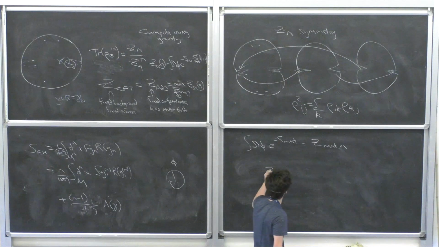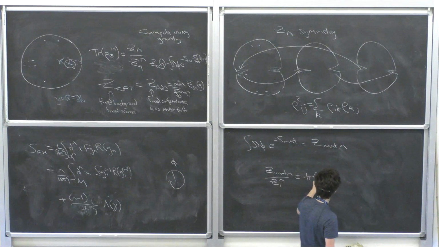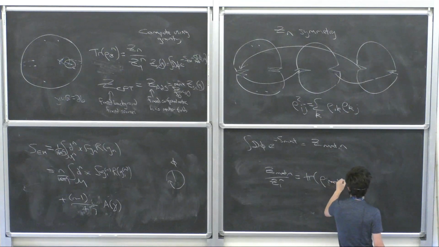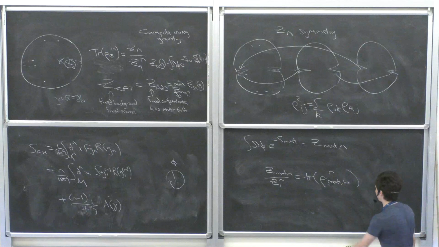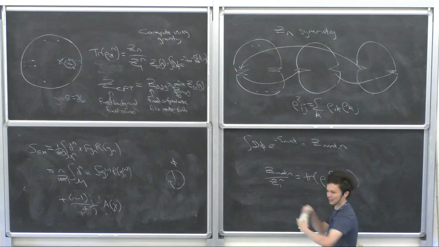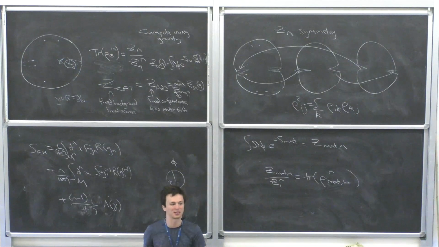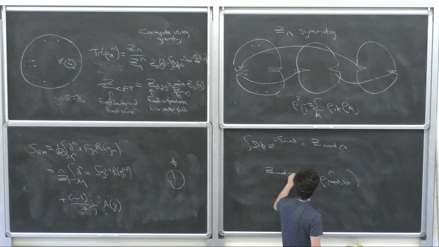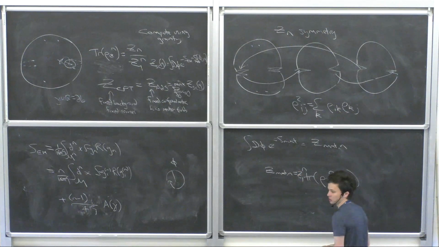Z matter on the n-fold geometry over Z1 to the n is just the trace of the density matrix of the matter on the region rho B, where the branch cut is, to the power n. So that's exactly the same thing as the boundary computation we did originally, but now interpreted in the bulk quantum field theory rather than the boundary theory. So let's move this across, and we have Z1 to the n, trace of rho to the n.